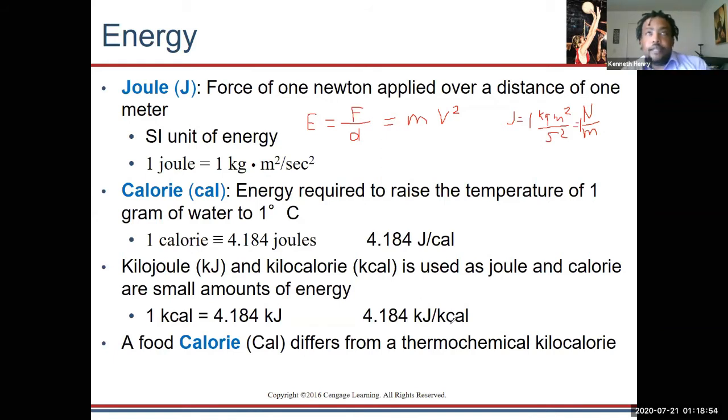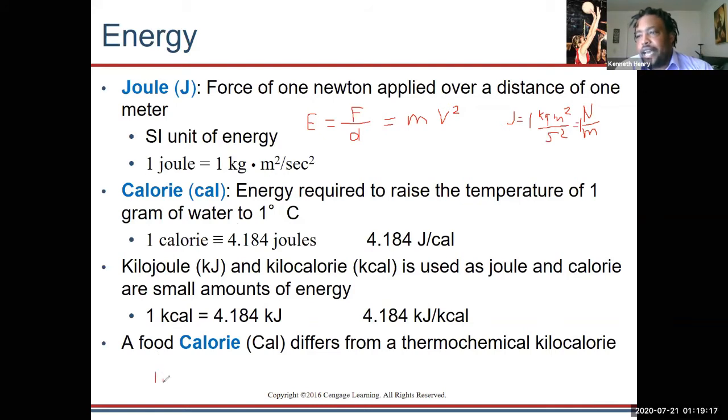So if I had a millicalorie and a millijoule, what is going to be the conversion? What's going to be what? So how many millicalories?